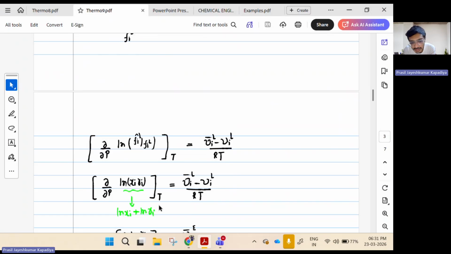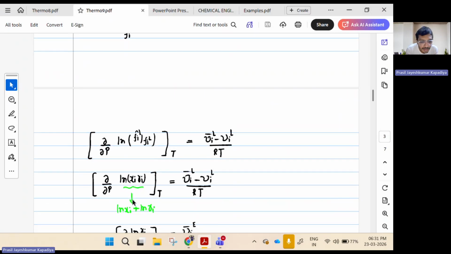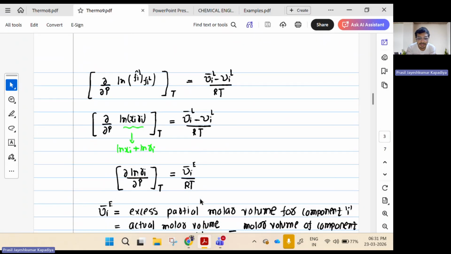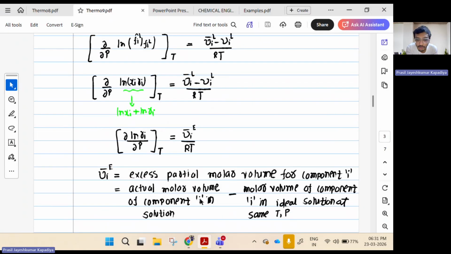Now we know that composition is not going to change with pressure. Composition will be fixed, so the ln xi term cancels. So we know that del ln gamma i by del P is equal to Vi bar minus Vi by RT, which is nothing but Vi bar excess divided by RT. Vi bar excess is the excess partial molar volume of component i, this bar meaning partial property, right?